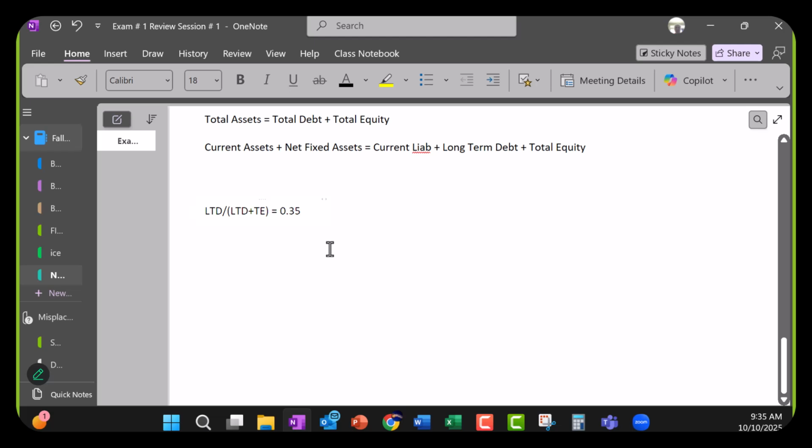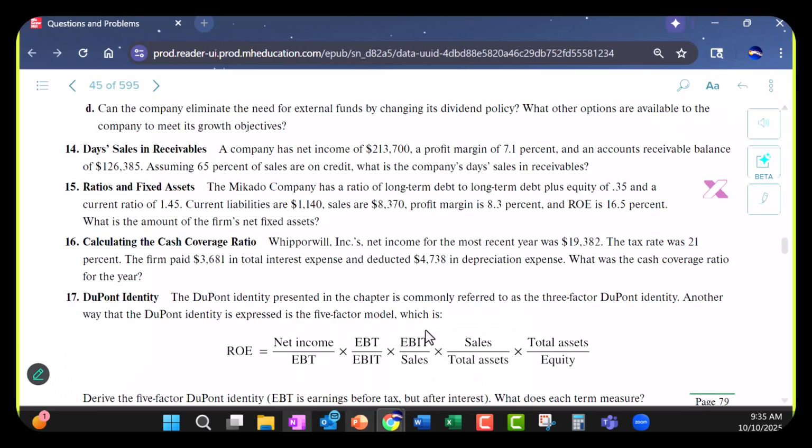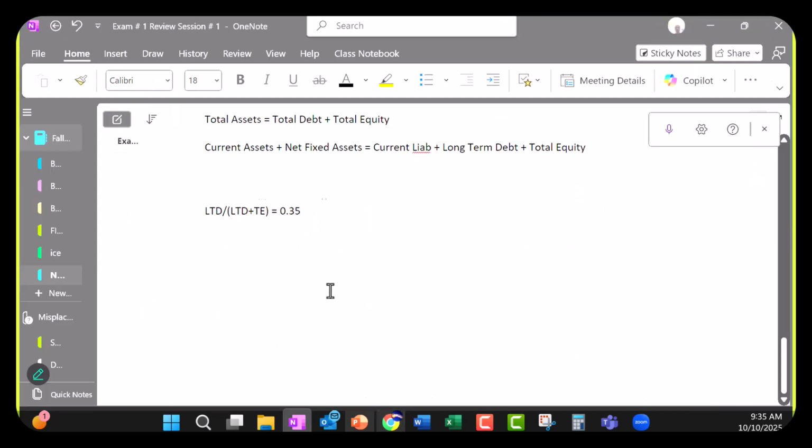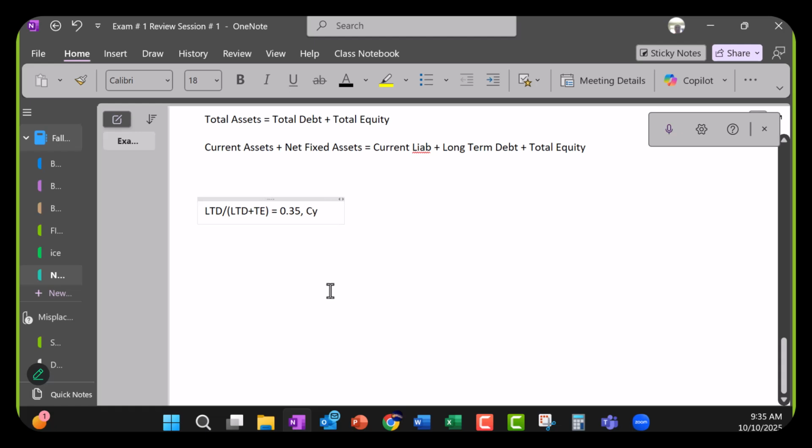What else do we know? It's easier to get it from here. Current ratio 1.45, which is current assets divided by current liabilities.